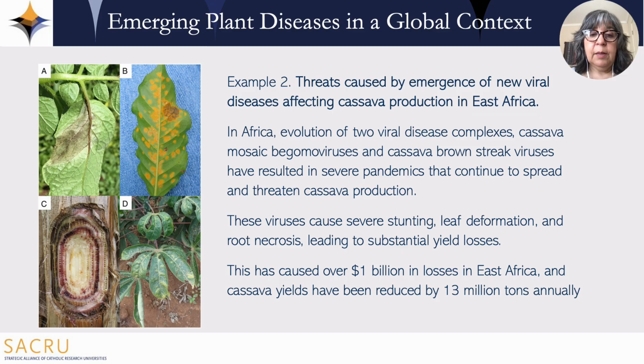These viruses can also cause severe stunting, reduced size of the plants, and leaf deformation. I mentioned root necrosis. And all this symptomatology can lead to substantial yield losses. The emergence of this pathogen has caused over 1 billion in losses in East Africa, and the yield has been reduced by 30 million tons annually, which is really impacting the accessibility to food in this area of Africa.